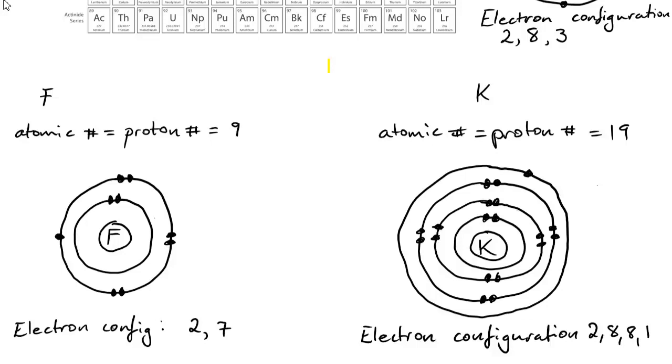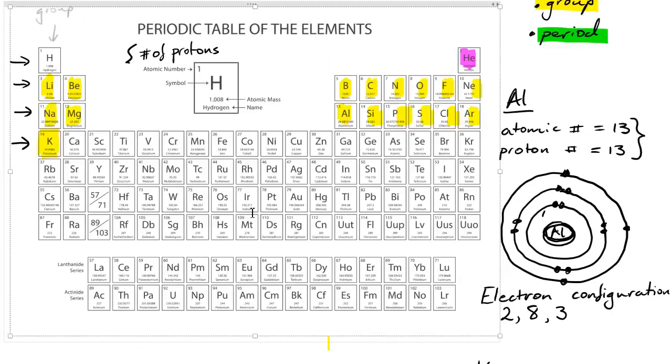Okay, so one of the things that is useful about the periodic table is it allows scientists to understand exactly how many electrons a particular element has and how many electron shells it contains.